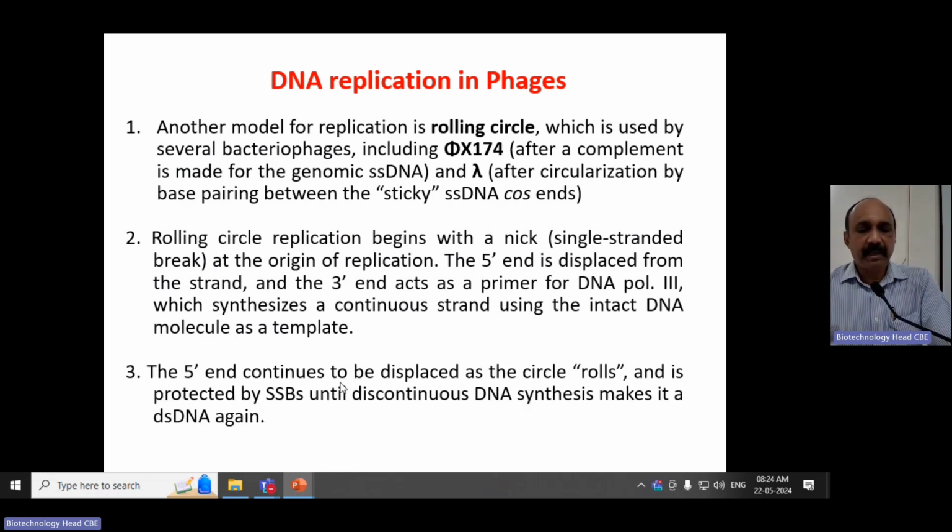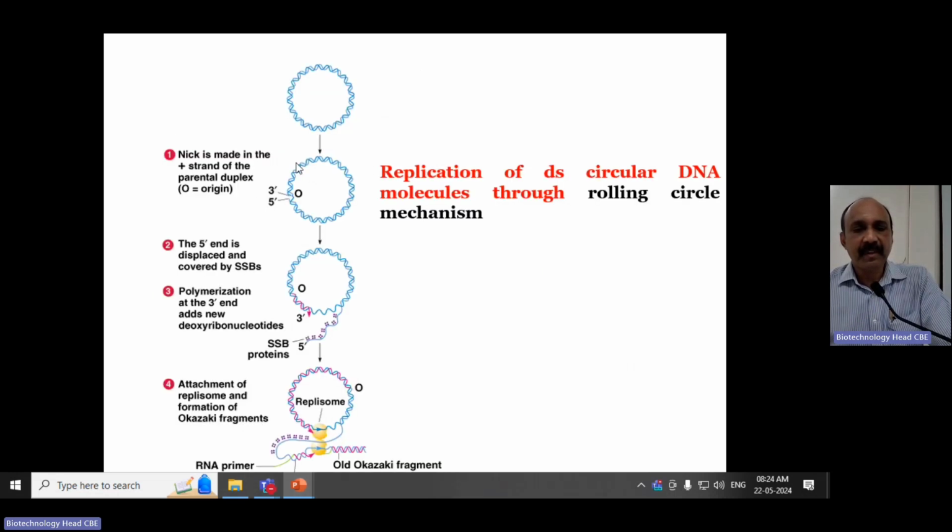The 5' end continues to be displaced as the rolling circle rolls, and it is protected by the single-strand binding protein until discontinuous DNA synthesis makes it double-stranded DNA again. So this is replication of the circular DNA molecule by the rolling circle mechanism.